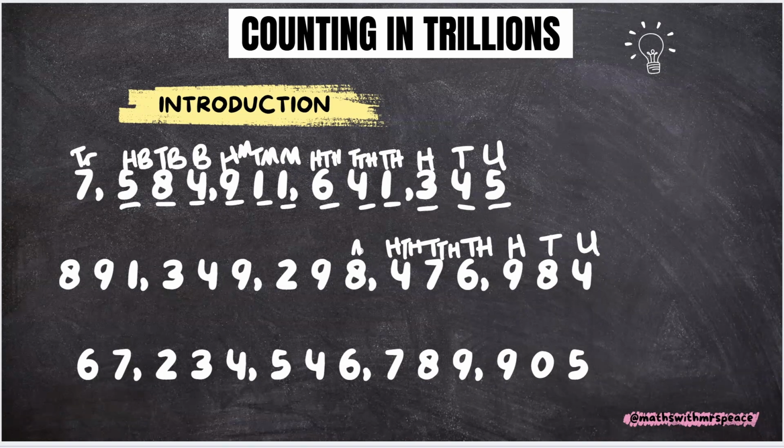Then we'll have million, 10 million, 100 million. Then we'll have billion, 10 billion, and 100 billion. And then we'll have trillion, TR. We'll have 10 trillion, and then we'll have 100 trillion.